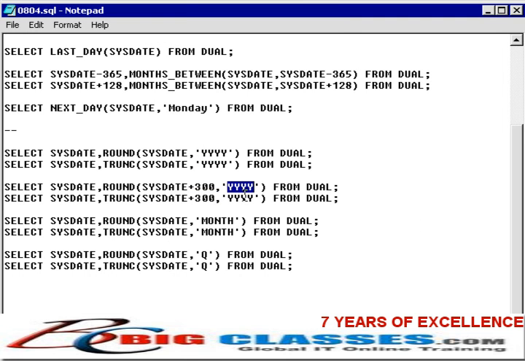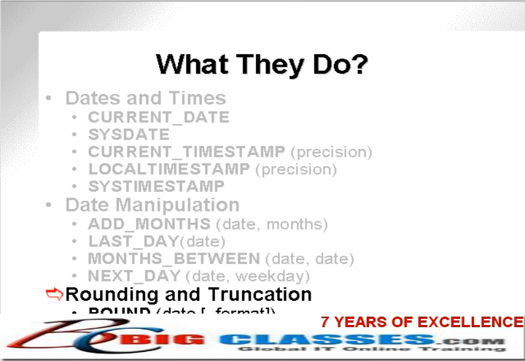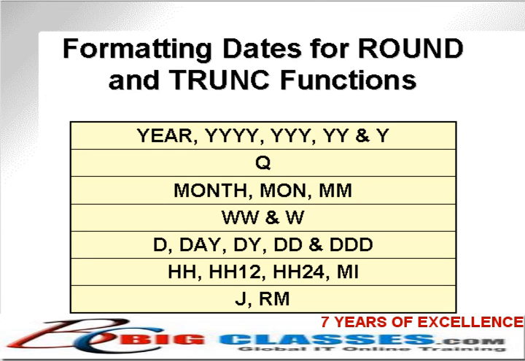You'll notice that I have formatting in all these rounding and truncation queries. Why is this? As you can see, the functions are declared syntactically as date with an optional format. What are these formats? For rounding and truncation functions on a date, one places in a single format specifier which tells the trunc and round functions how to round or truncate the dates.